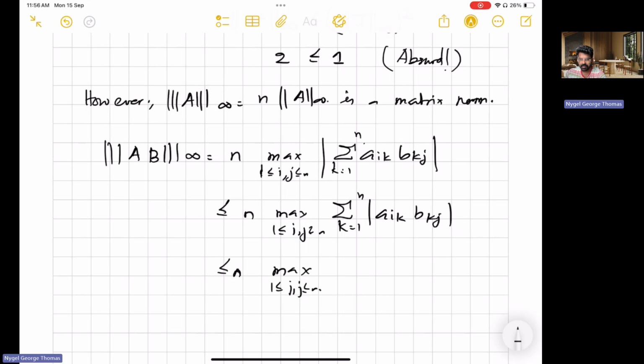We are actually taking the modulus dot product between the row and the column.